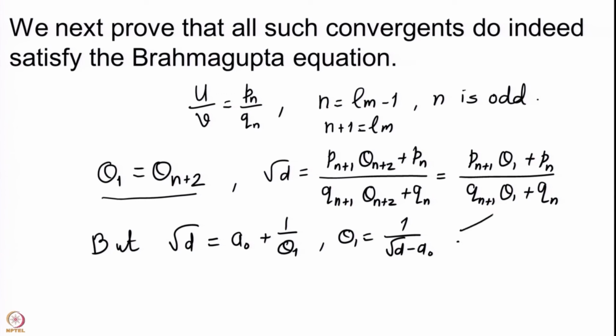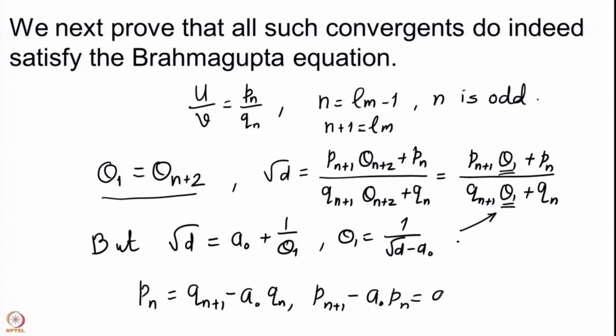We put this formula in this equation for the theta 1s, we would get some equation for root d, and separating out we get finally that Pn is Qn plus 1 minus a naught Qn, and Pn plus 1 minus a naught Pn is Qn into d.